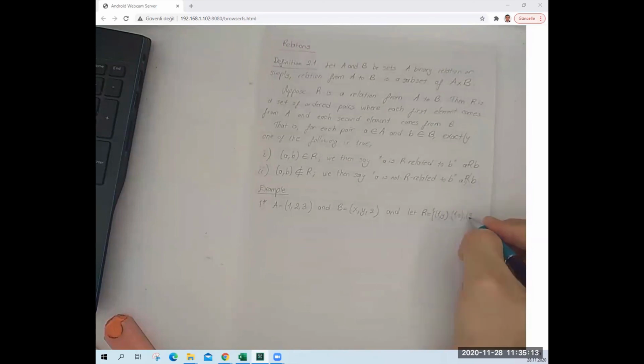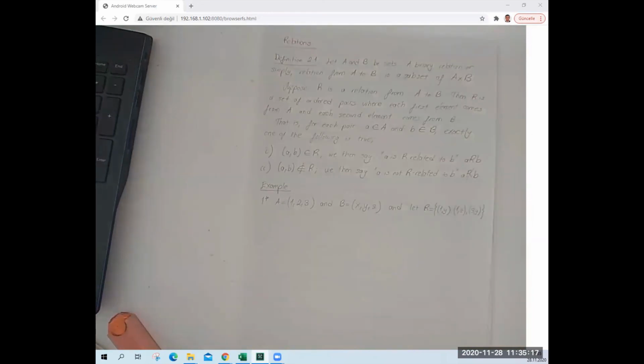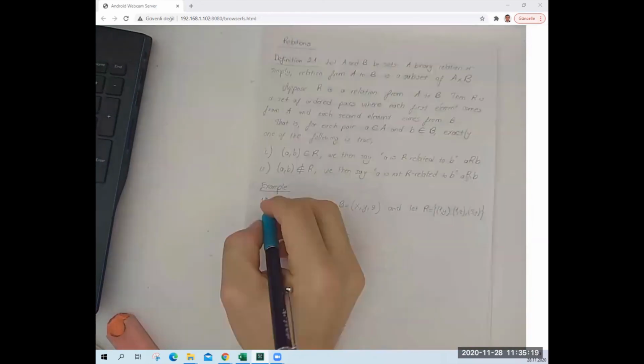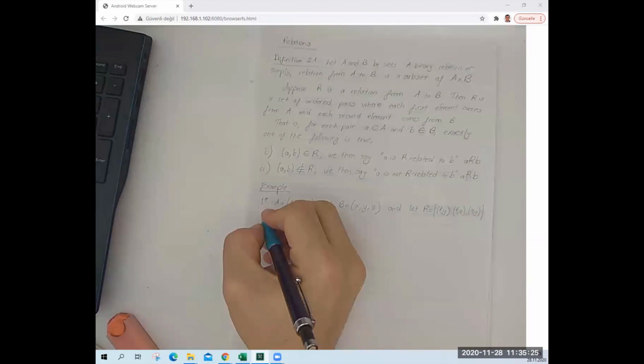Of course we can say R is a relation from A to B, right?